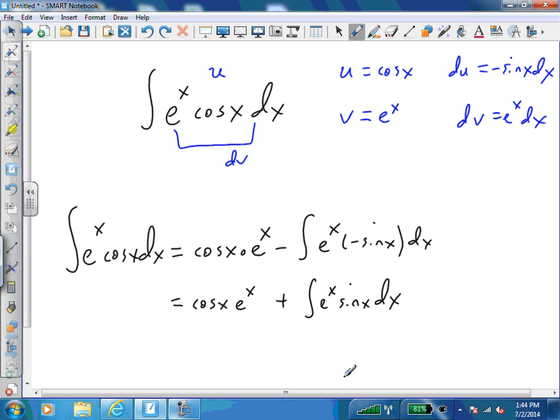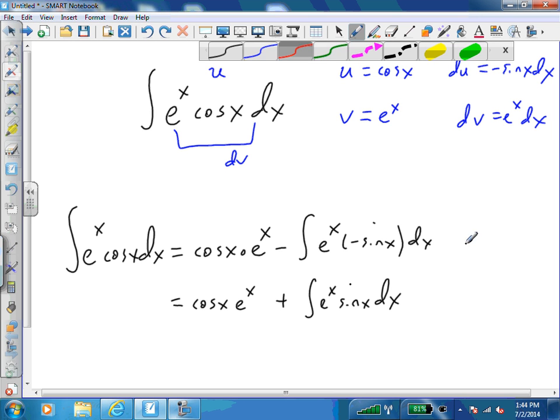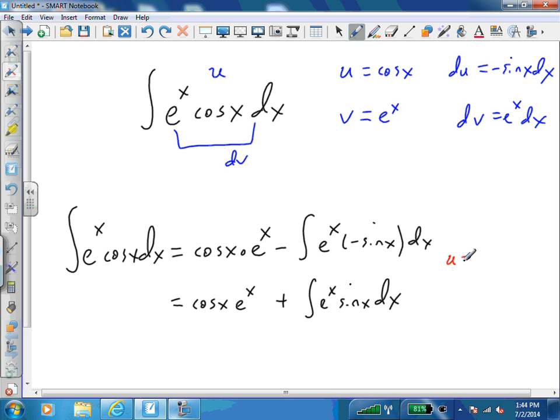Now, okay, we haven't got anywhere yet. We still can't integrate that, but something interesting is going to happen if we repeat this. Let's do this again. Let's let u be our sine, and dv be e to the x dx.